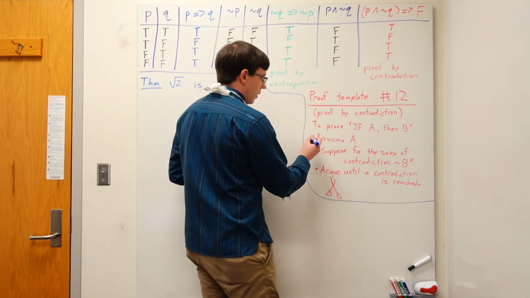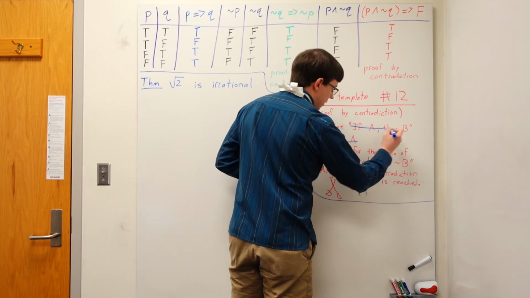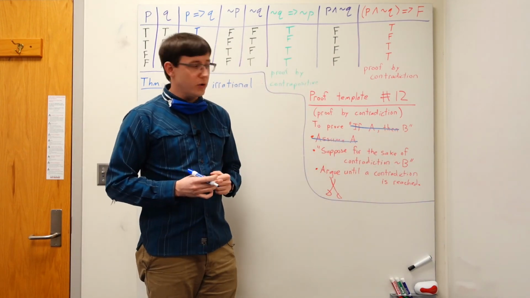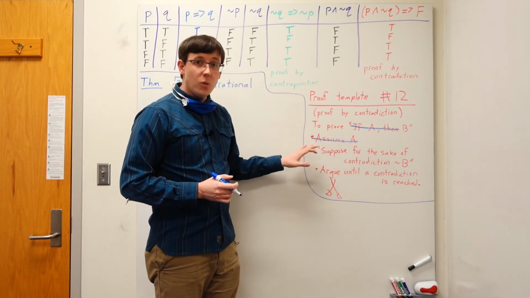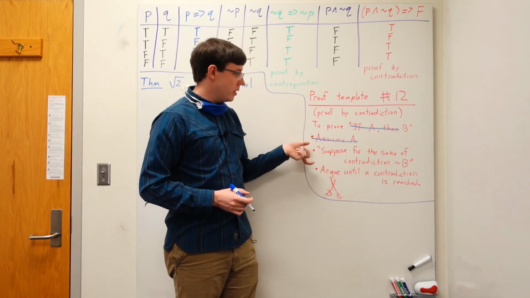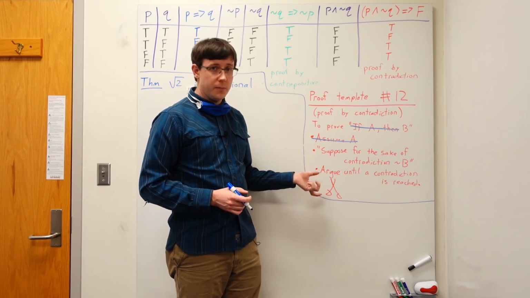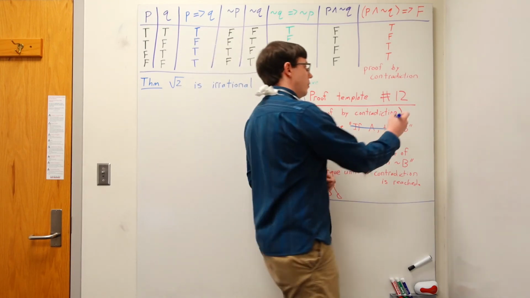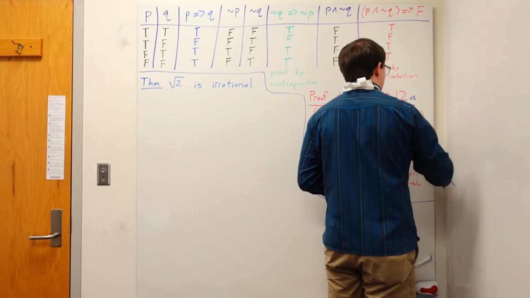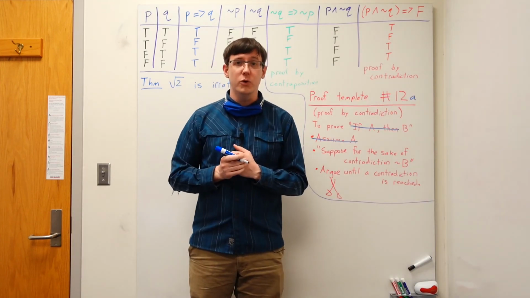In particular, we can strike out parts of our proof template, and if we want to prove B, then we could suppose not B and show that this results in a contradiction. I will call this proof template 12a. And this is how we will prove that the square root of 2 is irrational.